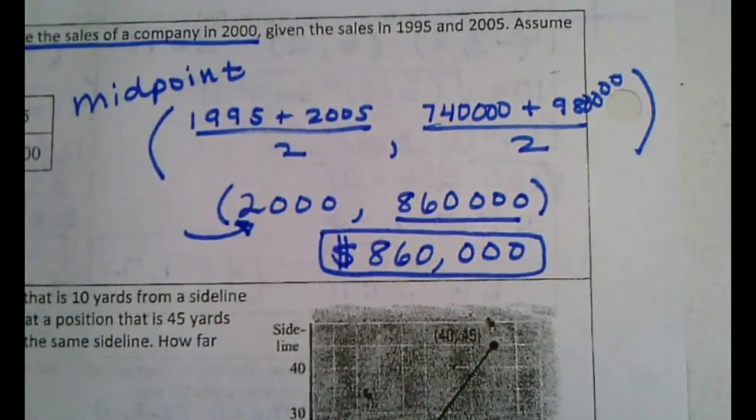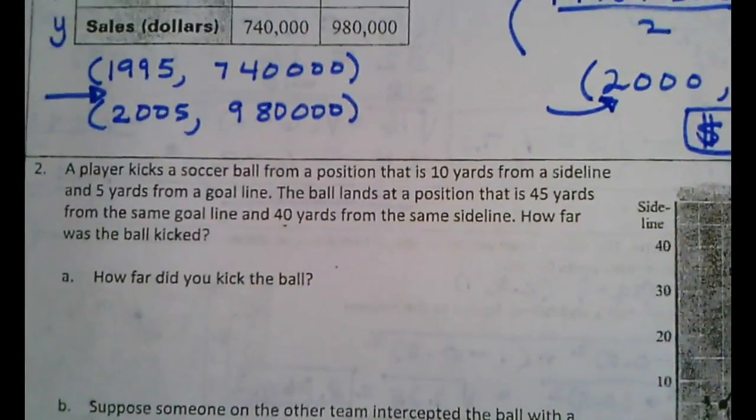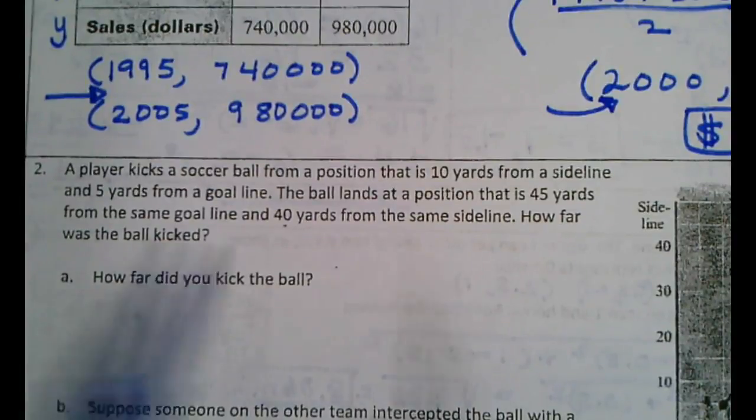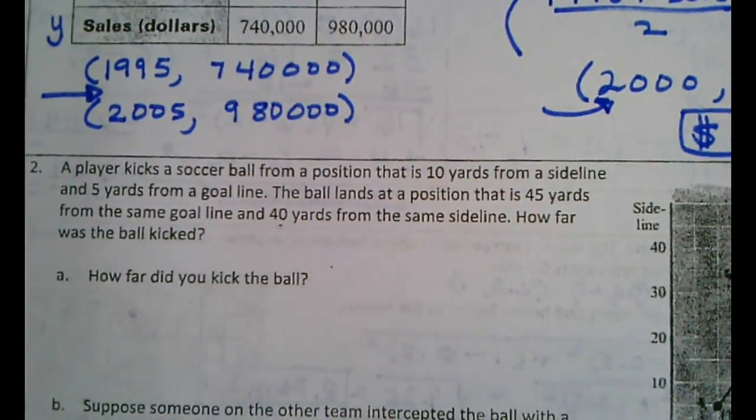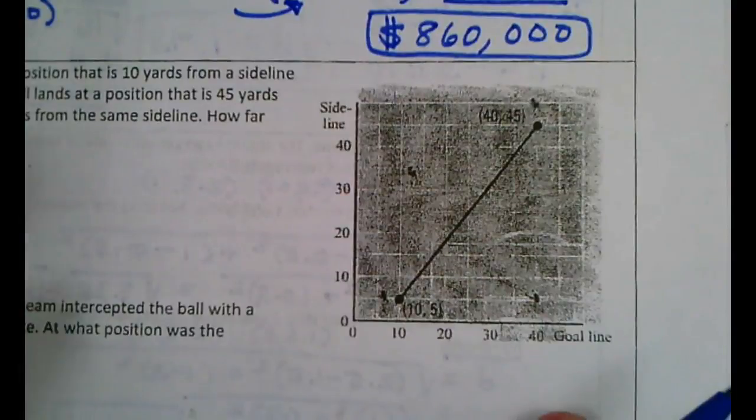All right, so you have a player kicking a soccer ball from a position that is 10 yards from a sideline and 5 yards from the goal line. The ball lands at a position that is 45 yards from the same goal line and 40 yards from the same sideline. How far was the ball kicked? Well, if that description was not a great description for you, you do have the graph over here.